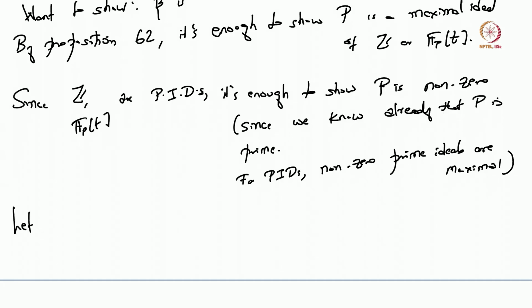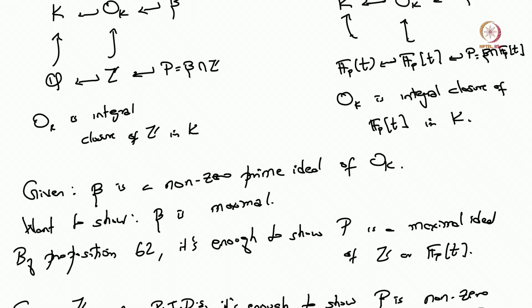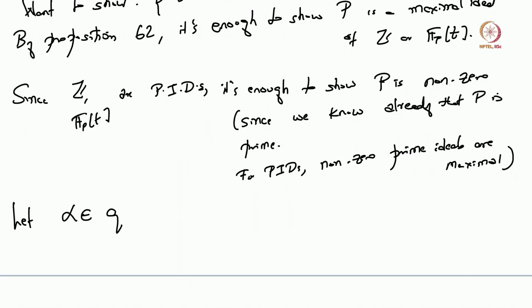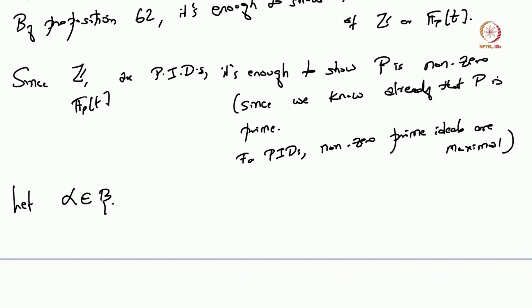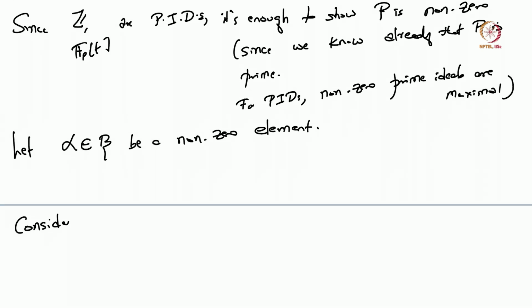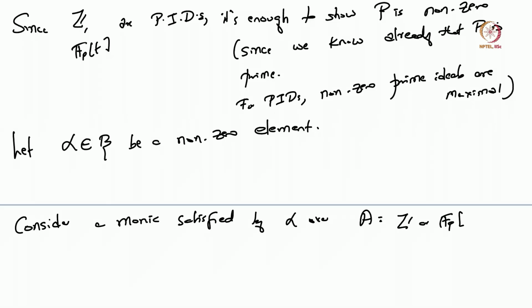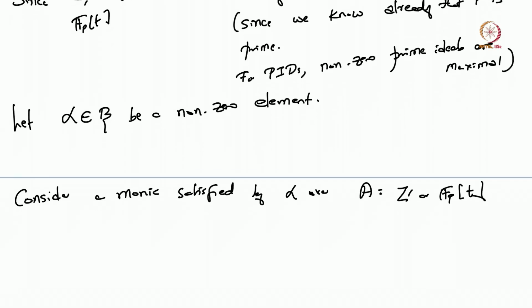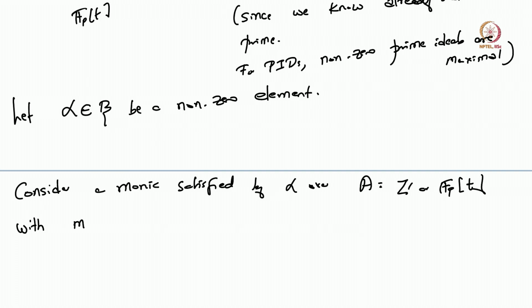Okay, so now you take an element alpha in beta, so that this is a non-zero element, and again just as earlier, consider a monic equation satisfied by alpha over A. So A is this PID that could either be Z or Fp brackets T. And just as earlier, you choose the degree to be minimal.